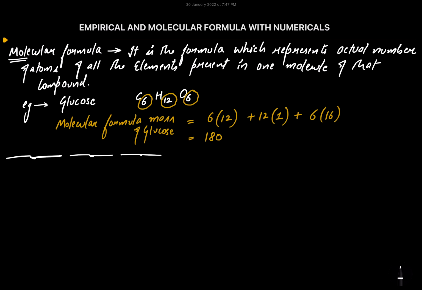I'm writing empirical formula. What is empirical formula? It is the formula which represents the simplest whole number ratio of number of atoms of different elements present in one molecule of that compound. Let me write it for you.